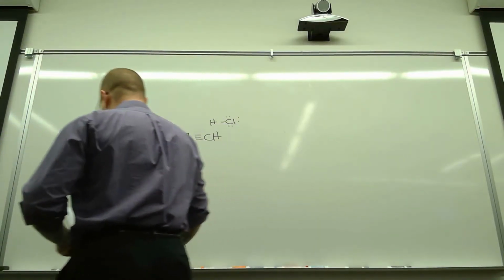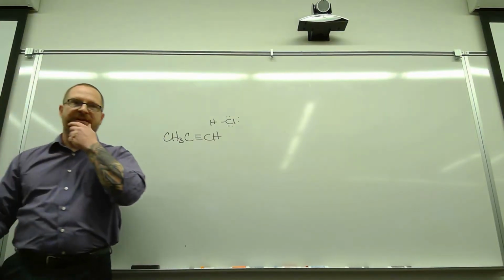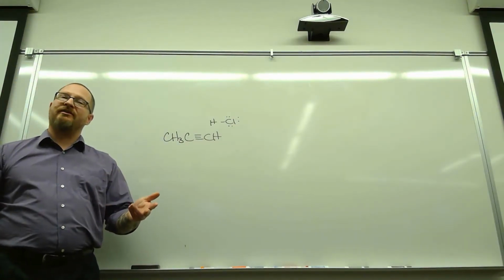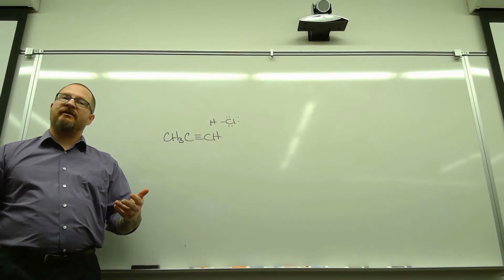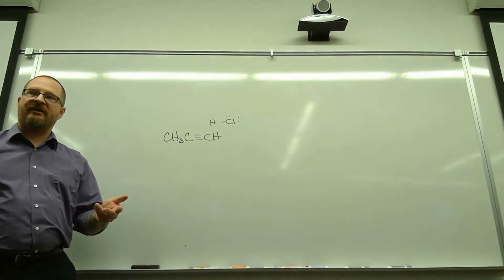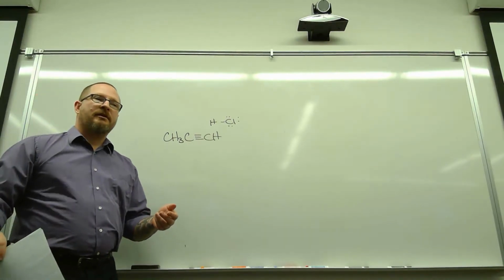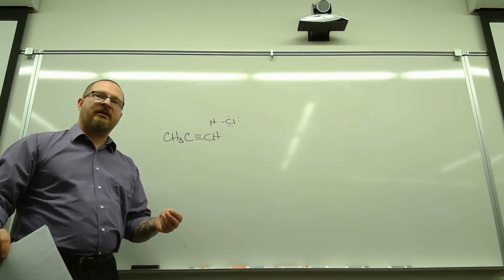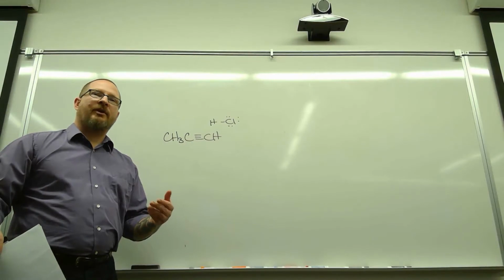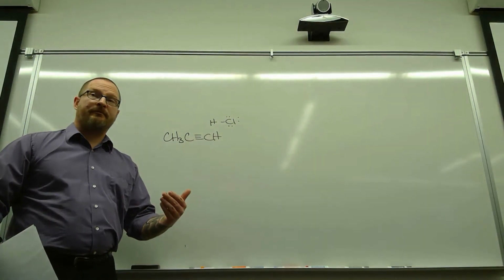What makes alkyne chemistry a little tricky, there's a couple things that are going to make it tricky, is the mechanism is going to be slightly differentiated from the alkene mechanism, even though how it starts is basically the same.